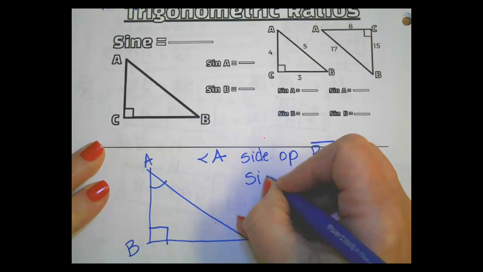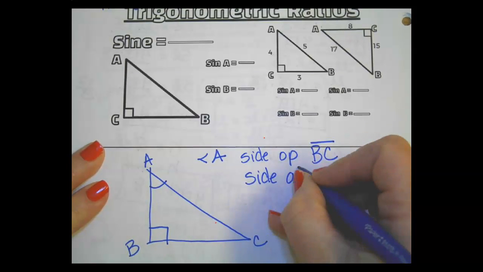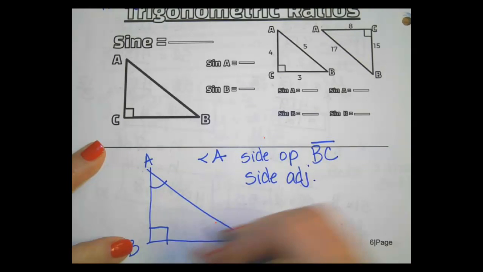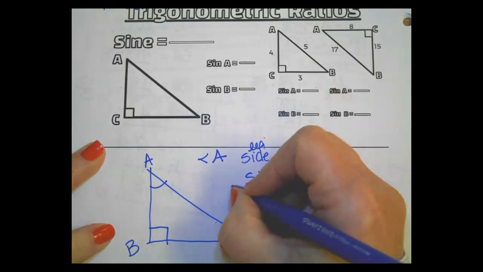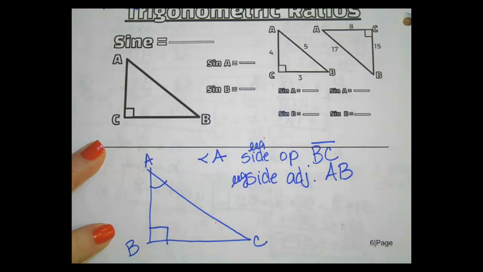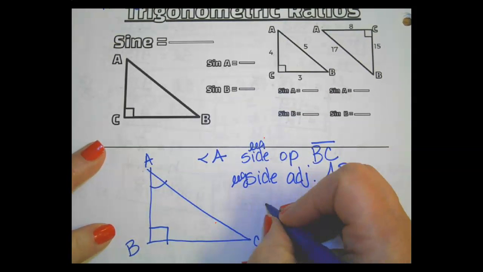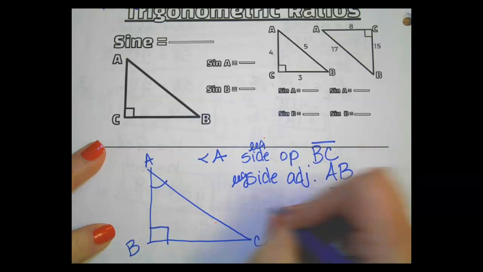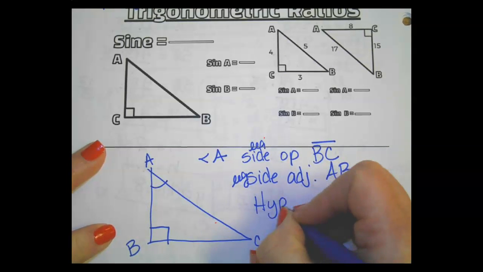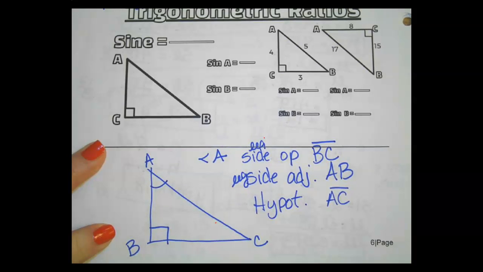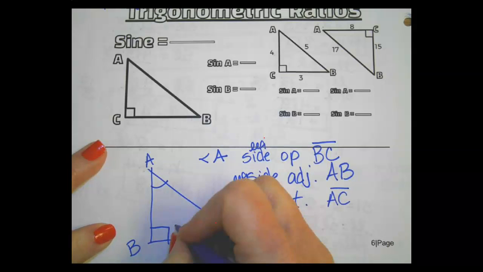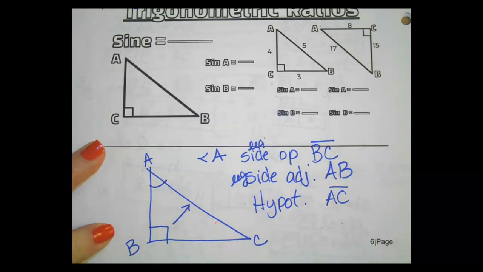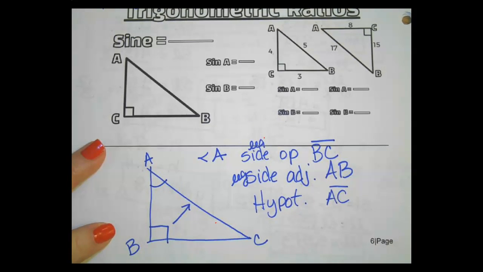The side adjacent is AB. Maybe I should call these legs. And then AC is my hypotenuse. I say this over and over again: your hypotenuse is opposite the right angle. It is the longest length.